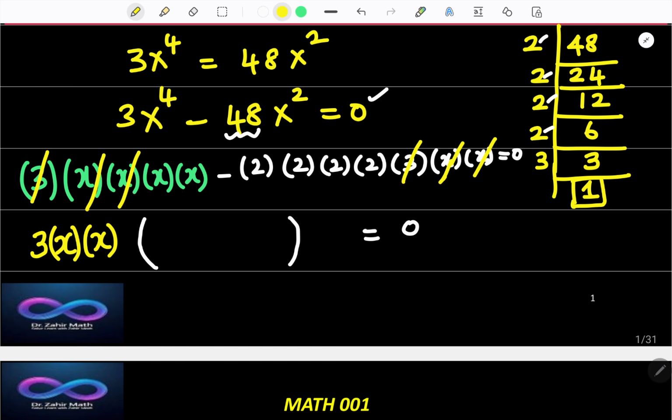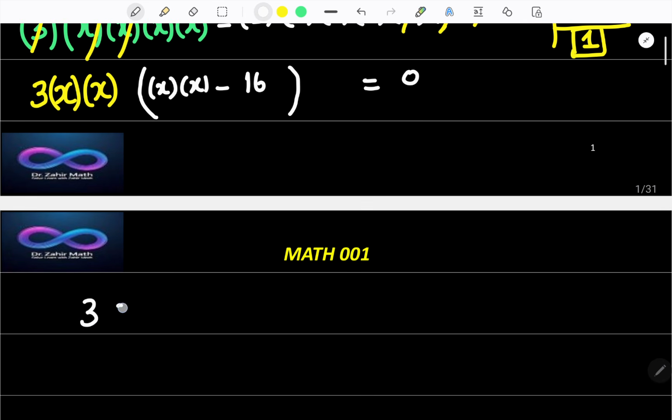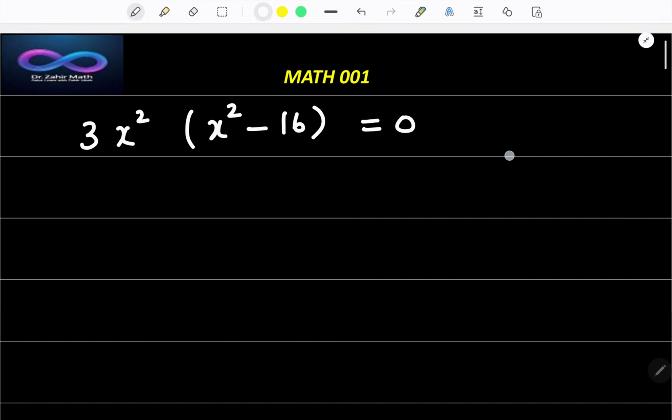Now the remaining terms, remaining in Arabic baki. So we are going to put the baki inside. What are they? x, x minus 2, 2, 2, 2. 2 2s are 4, 4 2s are 8, 8 2s are what? 16, equal to 0. Clear? Right. So this equals 3x square times x square minus 16 equal to 0.